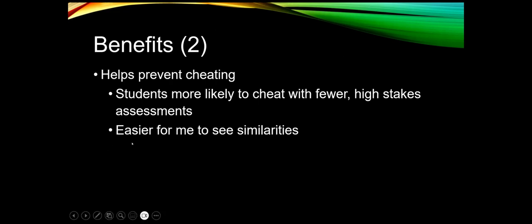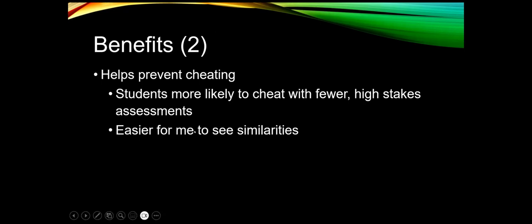This also helps me see similarities. If different students are all coming at the assignment in the same sort of way, because it's so fluid, if there's similarity, it's easier to see because there's more differences overall if you allow them to create the assignment in whatever way they prefer.